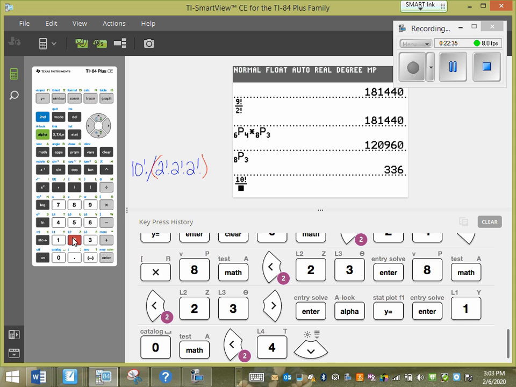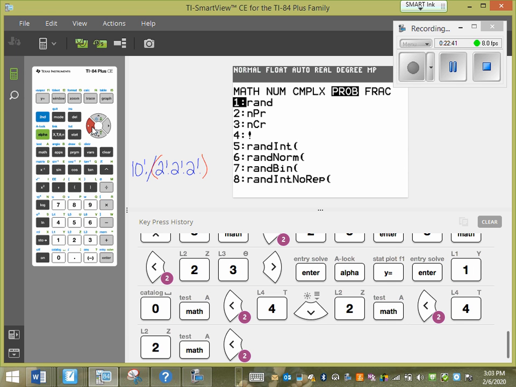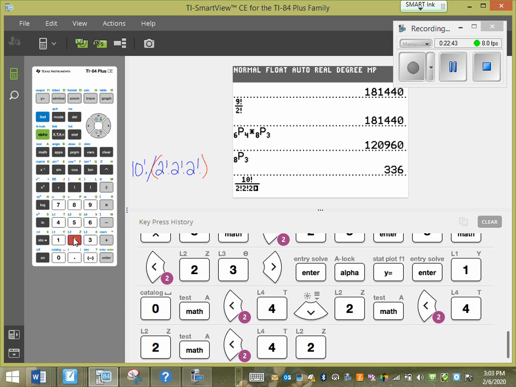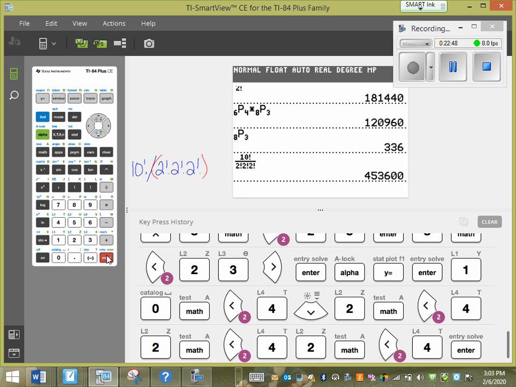And then on the bottom, you're going to have 2 math factorial, 2 math factorial, 2 math factorial. Do I really need to write the factorials? Because 2 factorial is 2. But I'm proving a point. And now I don't need brackets because I'm blatantly showing it's a fraction. So every time you are typing a fraction into your calculator, you need to make sure that it is in brackets, or else you're using alpha y equals enter. Not all calculators have it, but some do.